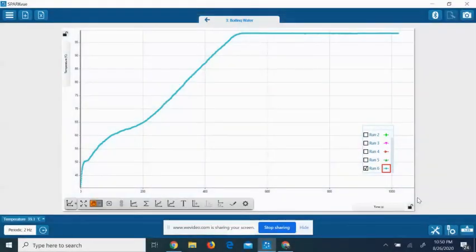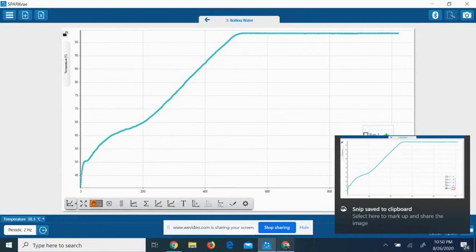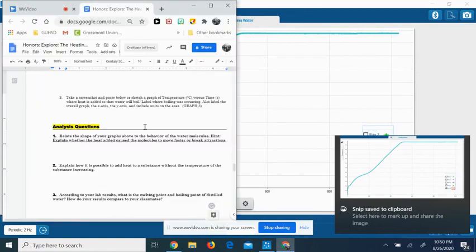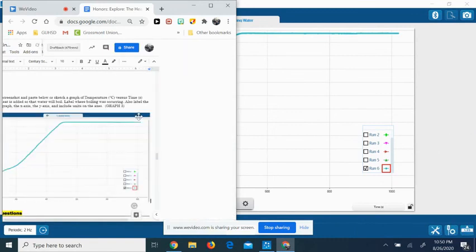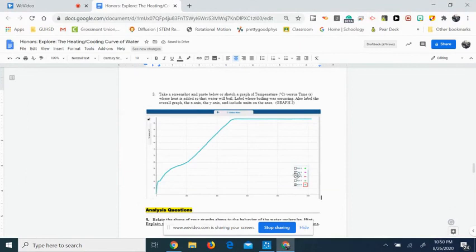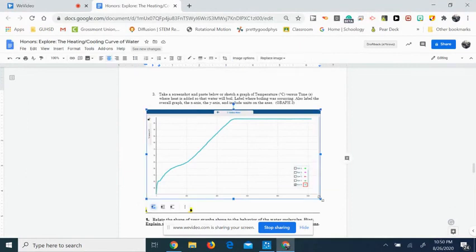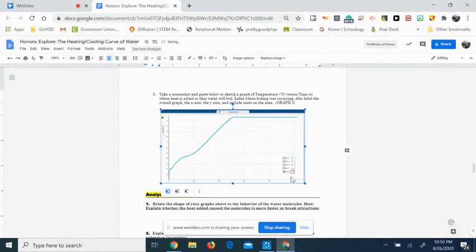Then I'm going to embed it right here, so I'm going to hit Control V, which is basically going to paste that data. I'm actually done with my SparkView software. I would like to implement the SparkView software when we get back to school, but for right now, that was me just walking you through the SparkView results.